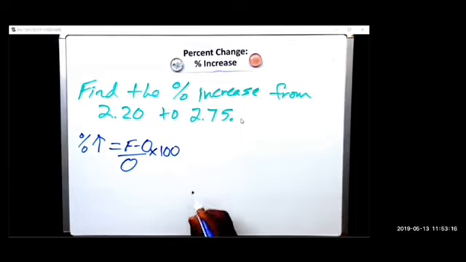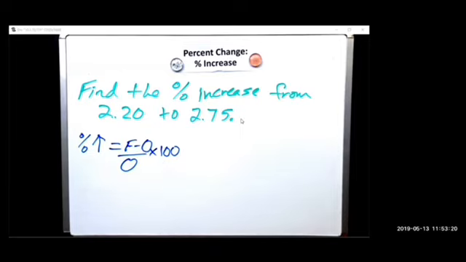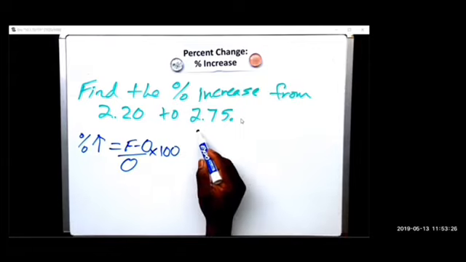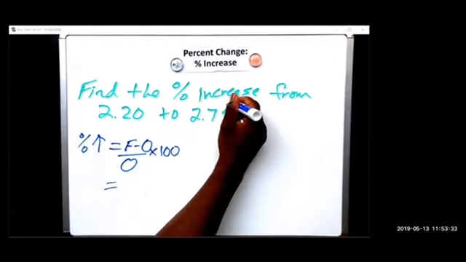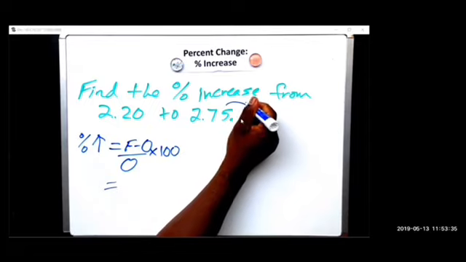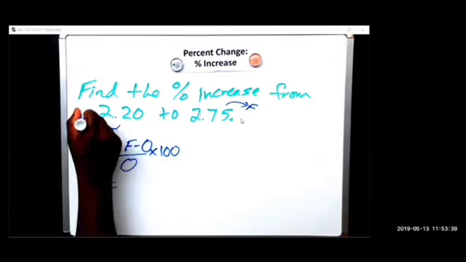So what is our final? Well, it's an increase, right? And our final number is 2.75. So let's go ahead and plug it in. This is our final right there, and this right here is our original.